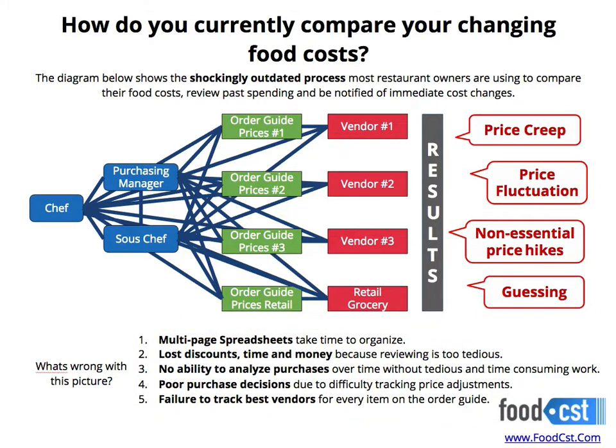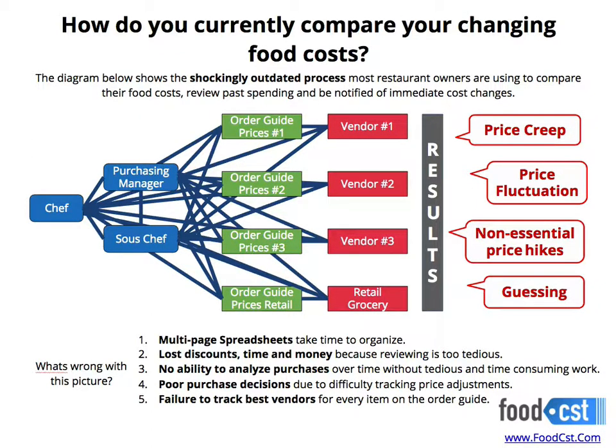And the reason is because we try to give a really fair price to help save you money, so that you are not affected by price creep. You don't have to worry about price fluctuation, because you always see the best deal everywhere, and you can order instantly. If there's non-essential price hikes, you're going to know about it, because it's going to say, nope, this guy doesn't have the best price this week. This guy has the best price. Click, and it's gone, and there's no more guessing.